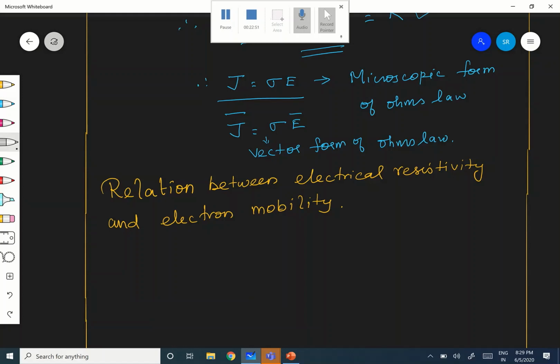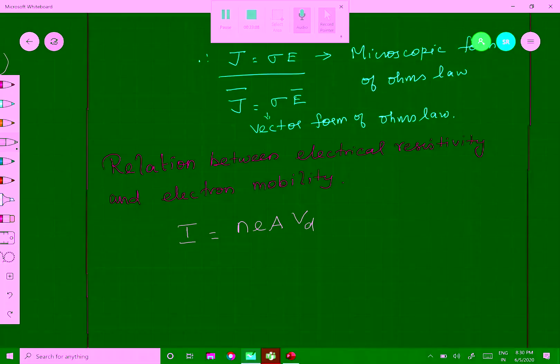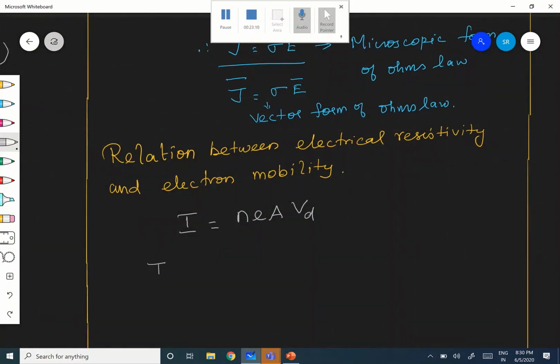You know that electrical resistivity and electron mobility are related. Once again, you go to I is equal to N E A V_d. And you know that J is equal to I by A, that is equal to N E V_d. But I want to somehow bring electron mobility here. You know mobility is the ratio between drift velocity and electric field intensity.